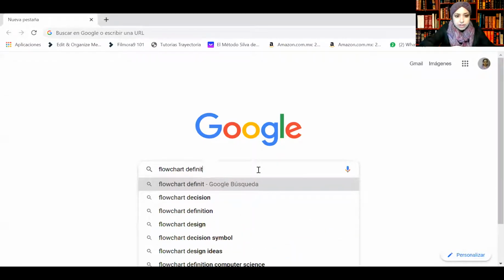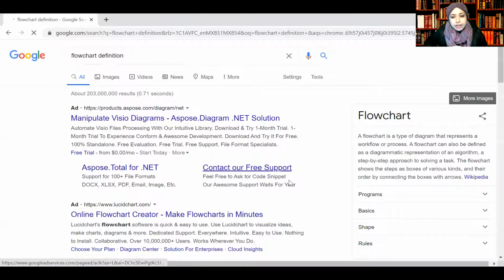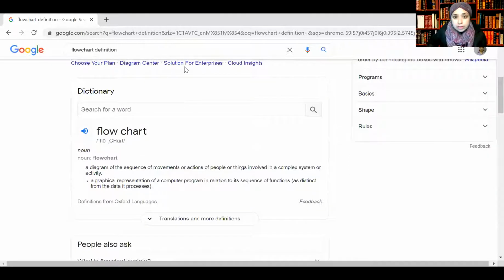Ask for the definition, in English, of course, and then click enter. And then you're going to start finding a lot of web pages that talk about it, but you're looking for the definition. So you have to look for a dictionary. And over here, there's always the dictionary from Google that you can use.